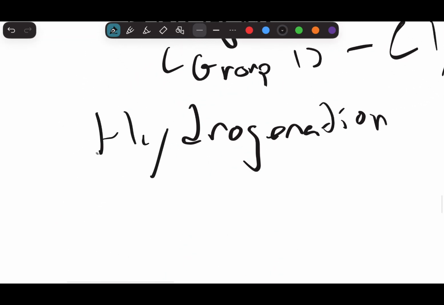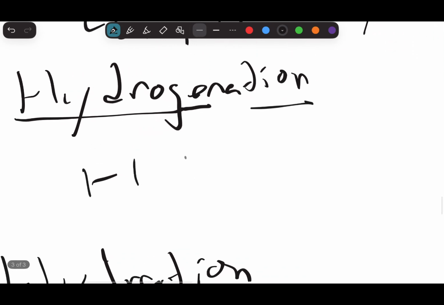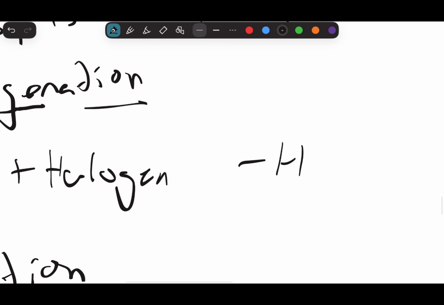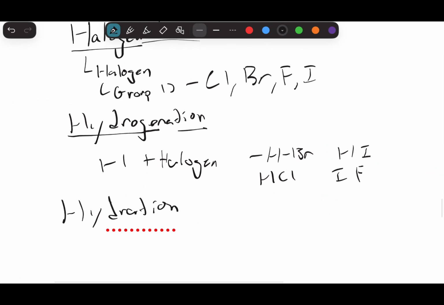Hydrogenation, so you add in a hydrogen plus a halogen. Okay, so HBr, hydrochloric acid, HI, or HF. So they're adding in hydrogen plus a halogen.